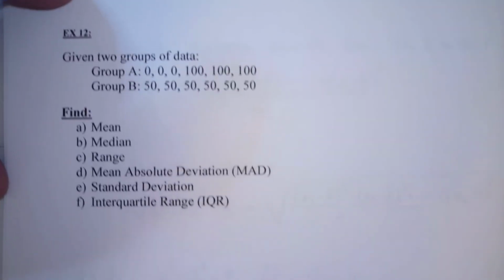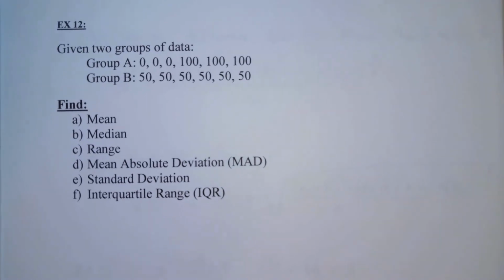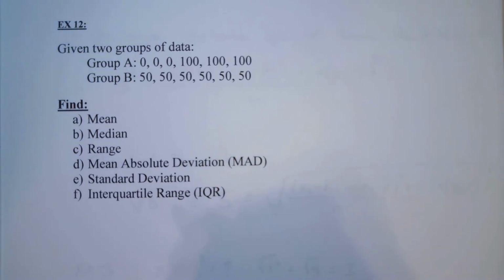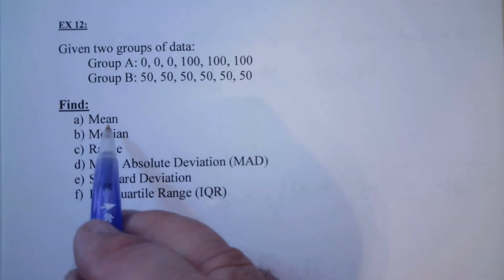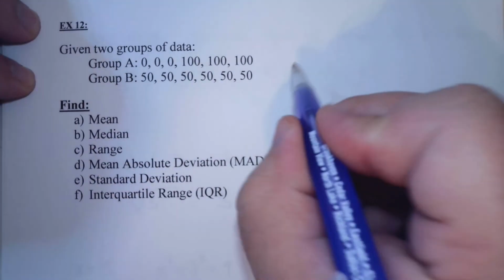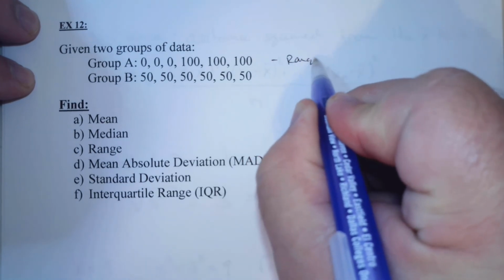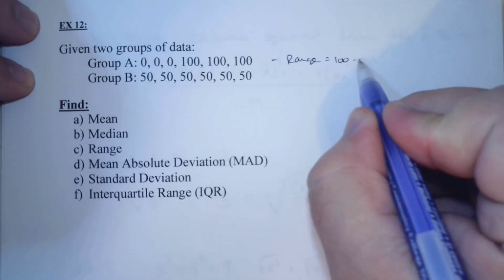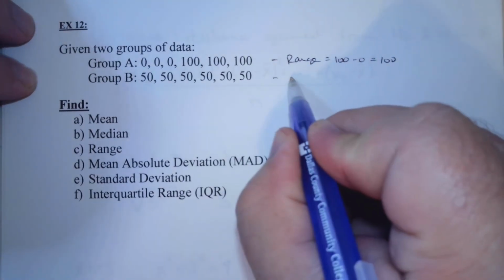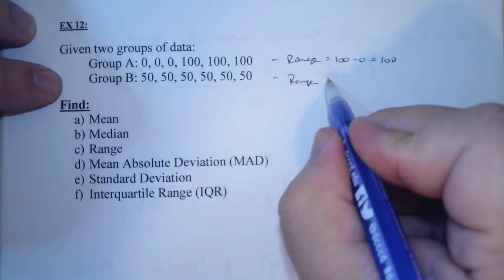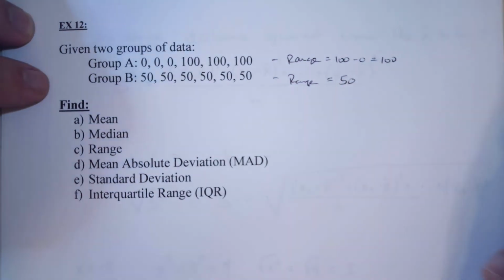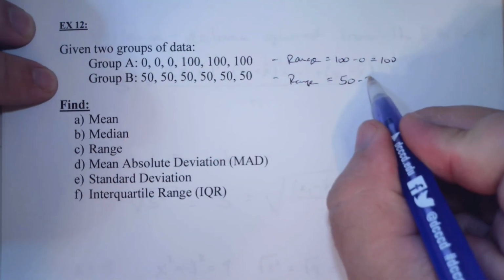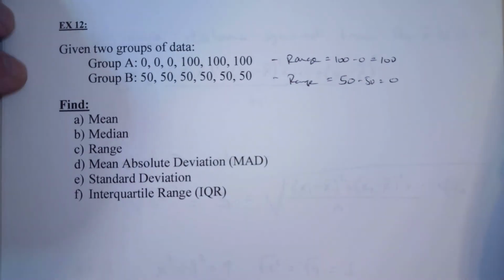All right, let's look at this example here. So we have two groups. Find the mean, median, range. From these we know the range already. 100 minus 0 is 100. The range for the other is 50 minus 50, from highest to lowest, which is 0. There is no range. So we got the range.